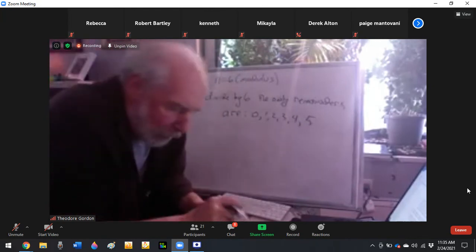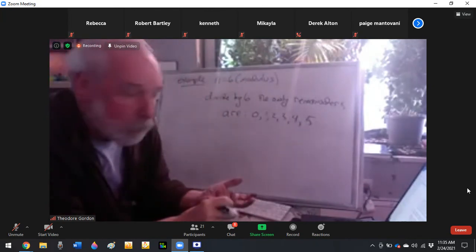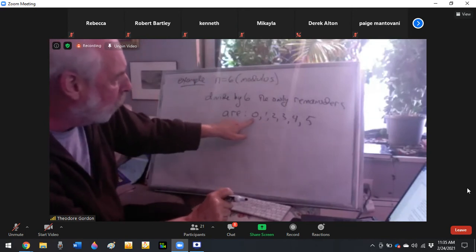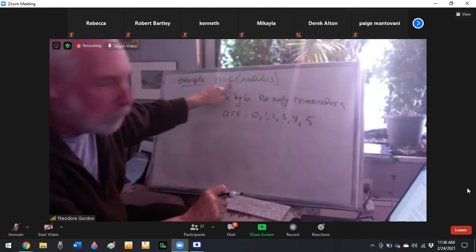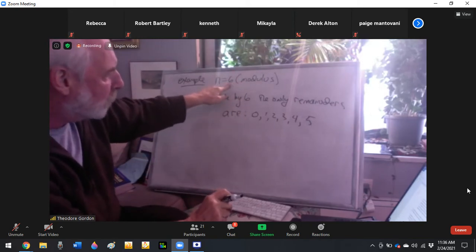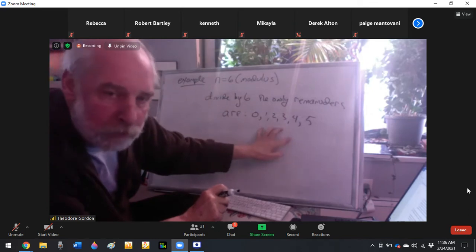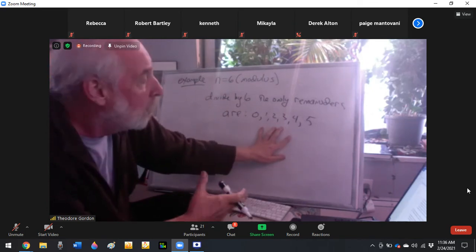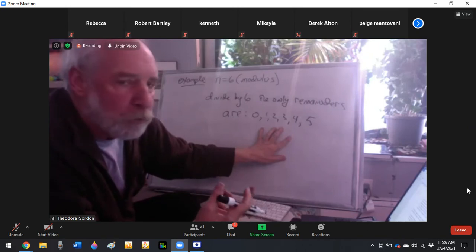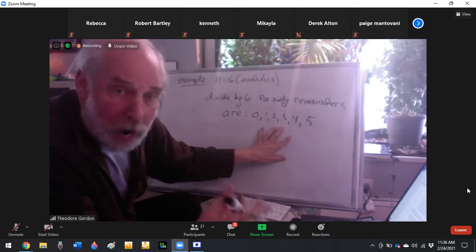When you're dividing whole numbers by whole numbers, the only whole number remainders you can ever get are 0 all the way up to 1 less than the number. So when we're working with a modulus of 6, these are the least positive residues. Just think of least positive residue as the smallest remainders that are not negative.